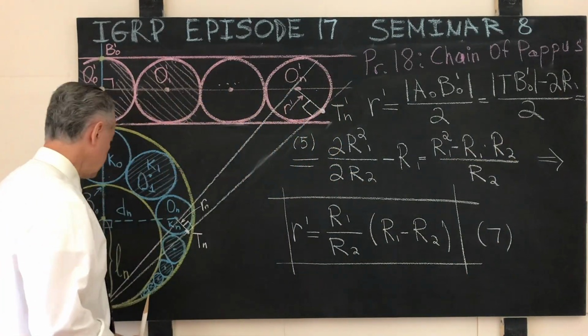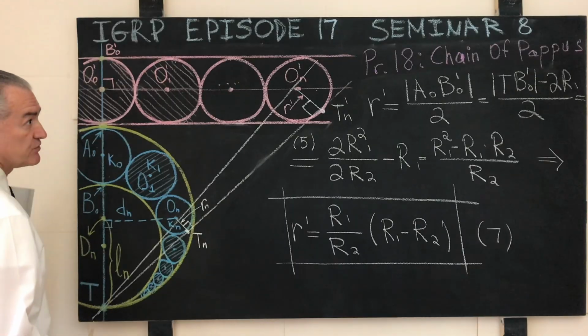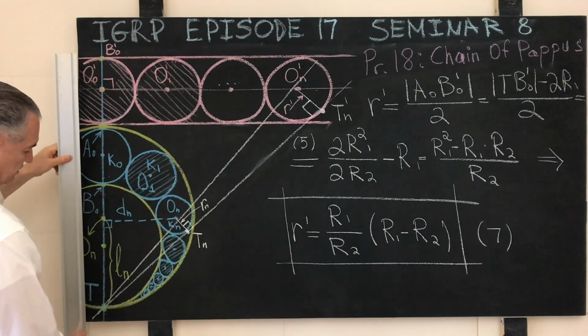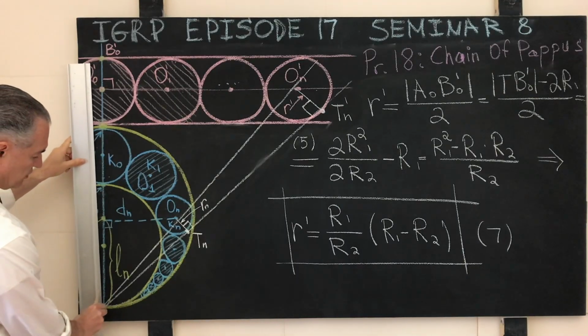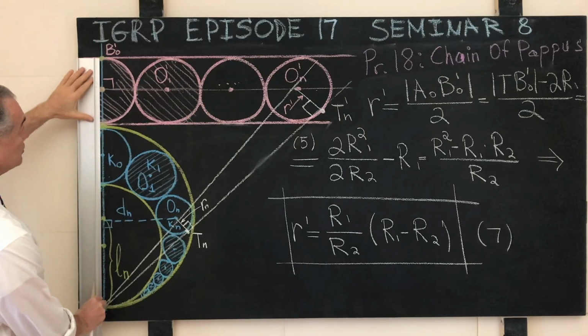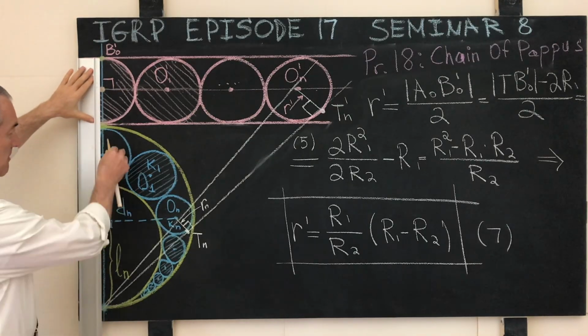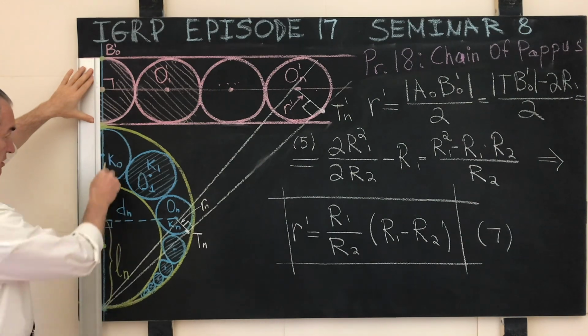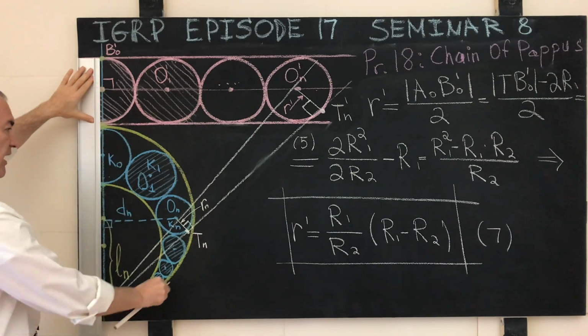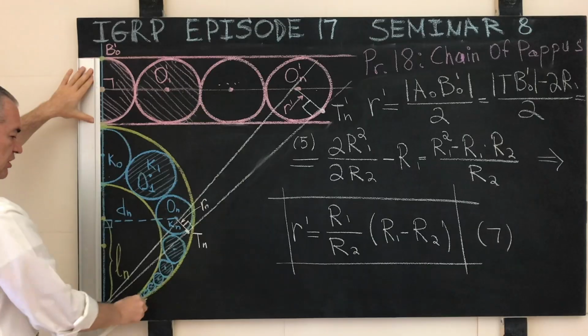In other words, let's see if I can make it more visual for you. It will be this distance right here from the point T to the point B prime 0 minus the diameter of the outer generating circle.